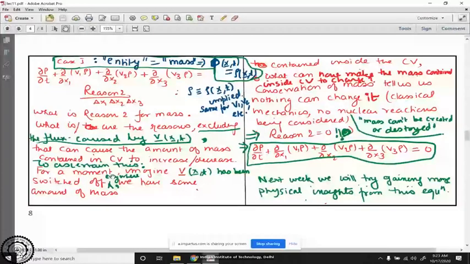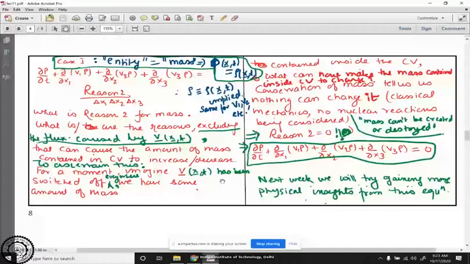To ascertain this, for a moment, imagine that V(x,t) has been switched off. So imagine there is a control volume submerged in a fluid domain, flow domain. Imagine that for an instant you switch off V. So what happens?